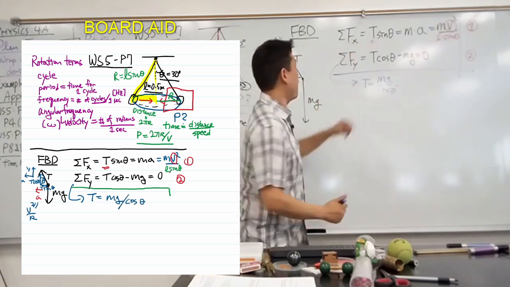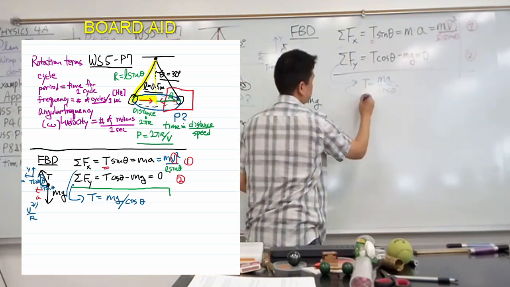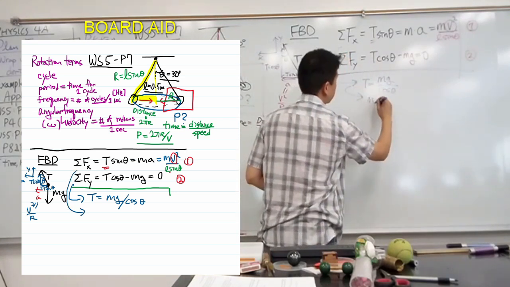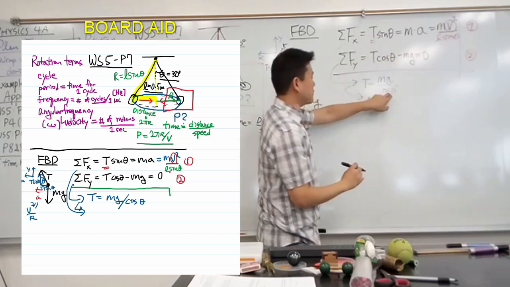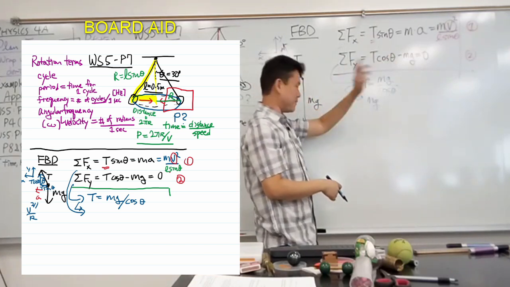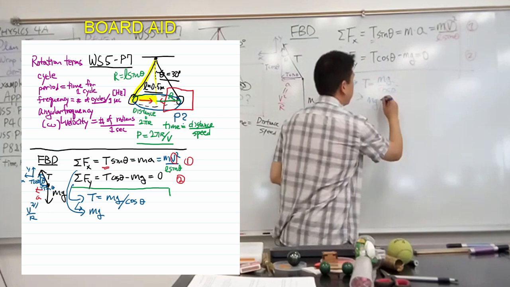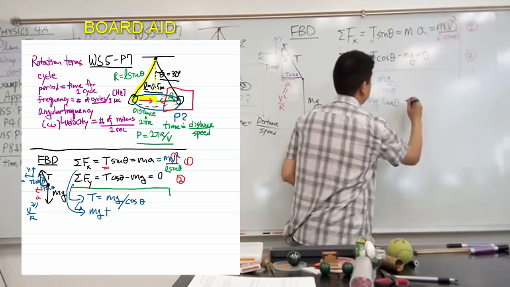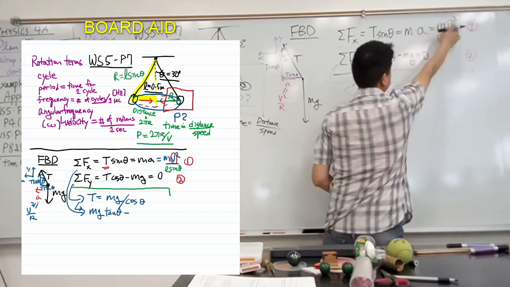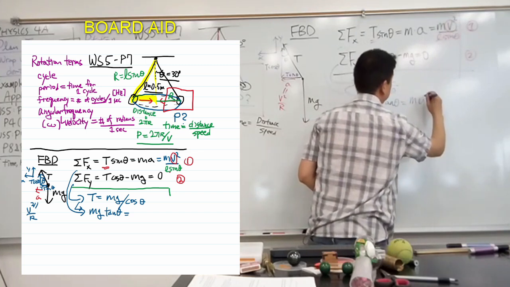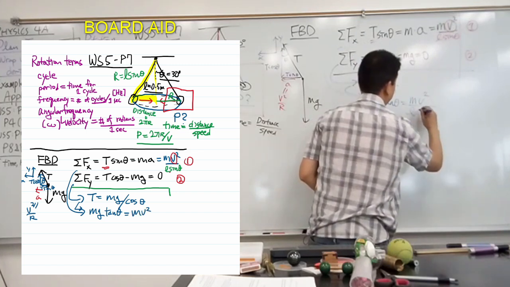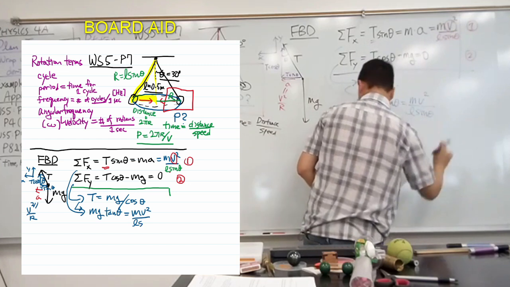Plug this into equation 1, then you get mg sine theta over cosine theta. I feel like I've done this before, but let me go. Sine theta over cosine theta, tangent theta, is equal to mass times mv squared over L sine theta.